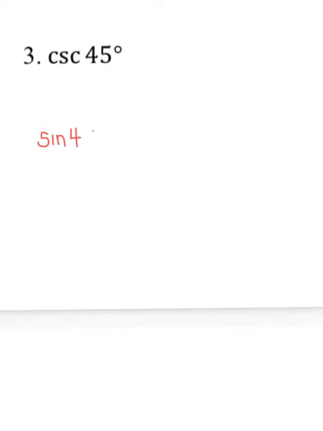So if I type the sine of 45 degrees into the calculator, that gives me 0.7071, but that's one of our special decimals, right? 0.7071 is really the square root of 2 over 2. I don't want the square root of 2 over 2. I don't want the sine of 45. I want the cosecant of 45. So I flip that fraction, and this is now 2 divided by the square root of 2.